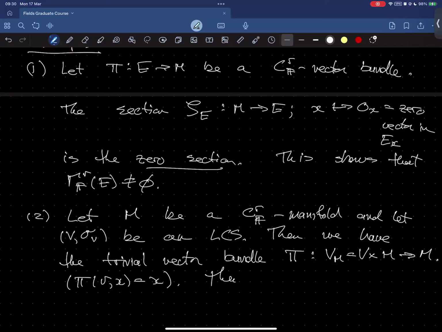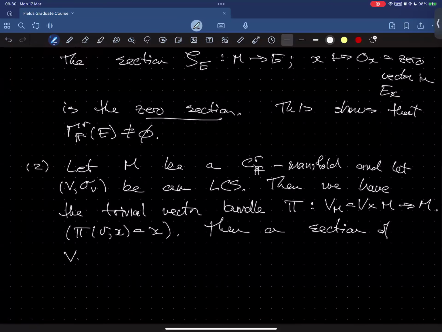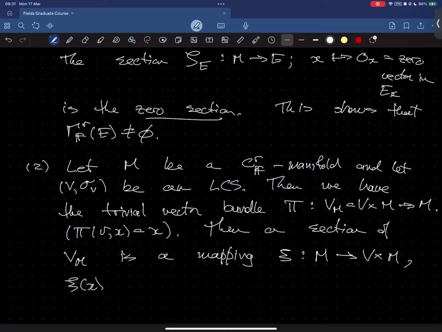So a section of Vm is, by definition, a mapping C from M to V cross M. So C of X is going to look like (C1 of X, C0 of X), just because it takes values in a product.